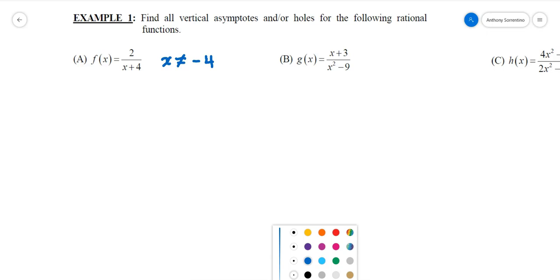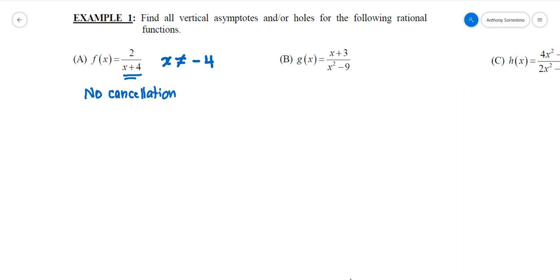Well, how I make the decision is, I look at this and say, the thing that causes this domain restriction is me having this x plus 4 in the denominator. Is there any way for me to cancel out this x plus 4? Is there anything on top that I can cancel it with? I just have a number 2 up there, so no. There's no cancellation possible, and since there's no cancellation possible, x equals negative 4 is a vertical asymptote.